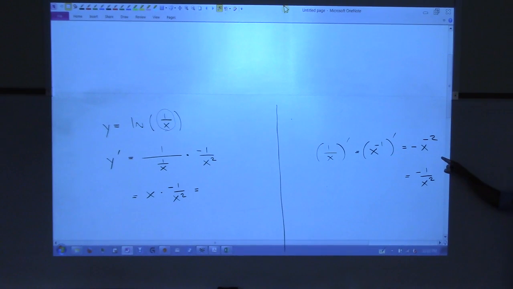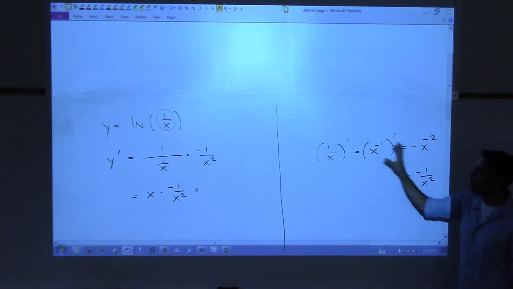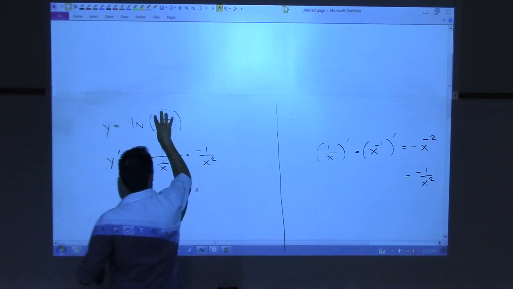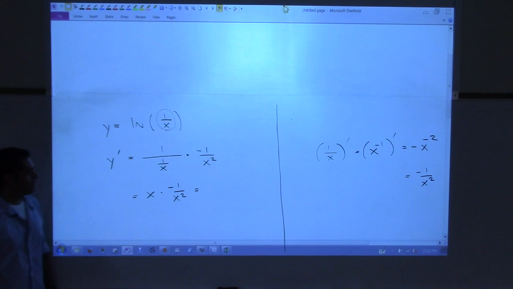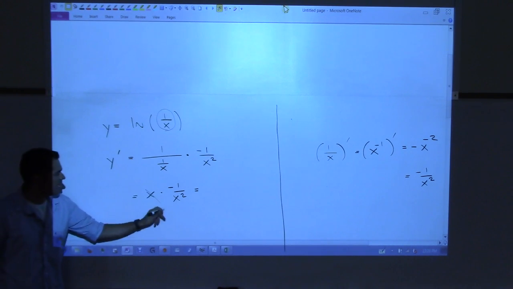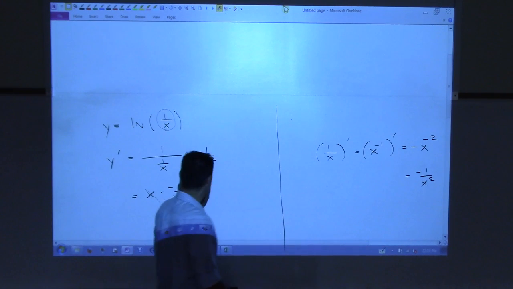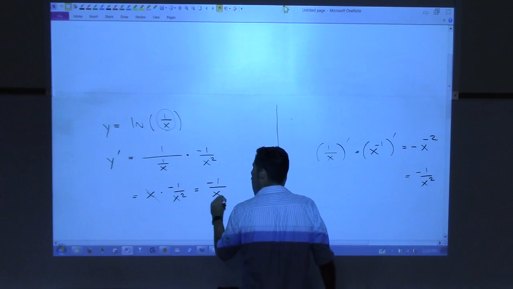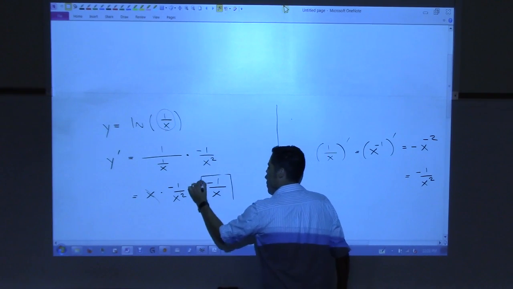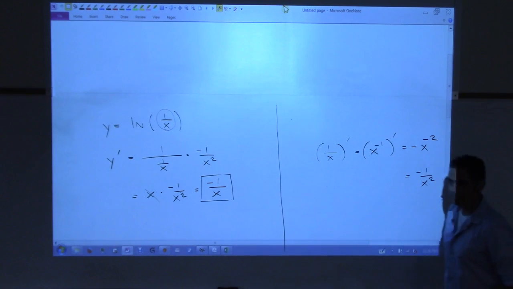I was doing the derivative of what was in here. One of these x's cancels with one of them down there, and you get a -1 on top, and you just have a single x on the bottom, right? And that's it right there. That's your answer. Or you could just have negative.